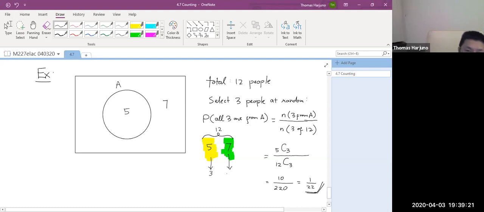If all 3 have to be from A, then how many are not from A? There will be nothing from not A, right? So the notation will be 5 choose 3 times 7 choose 0 over the whole thing, 12 choose 3. Now that's actually the notation. But when you use the calculator, you will see 7 choose 0 is 1.